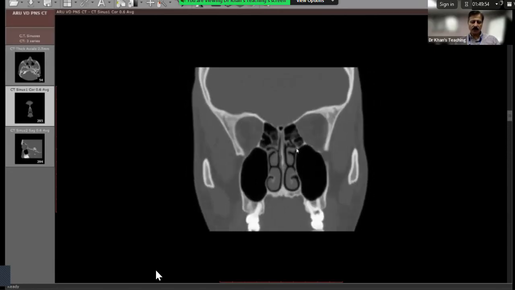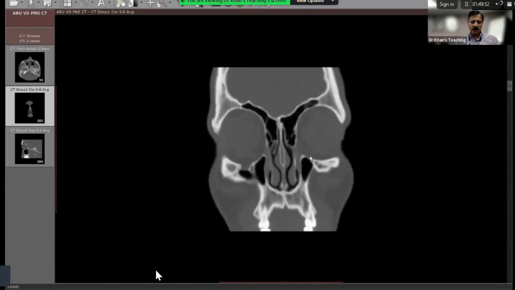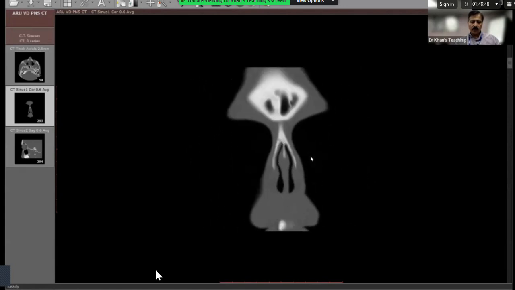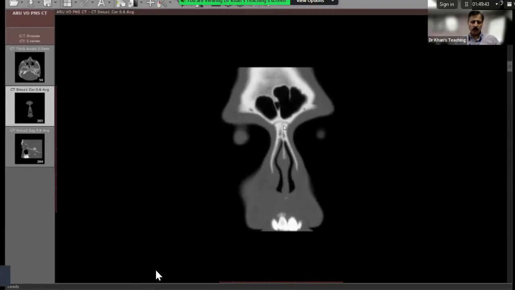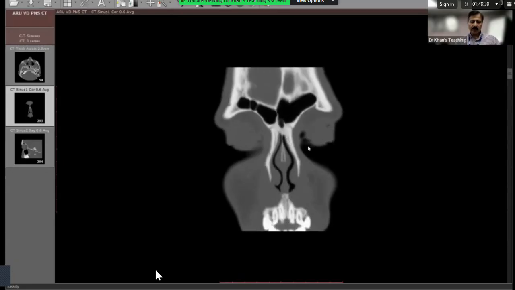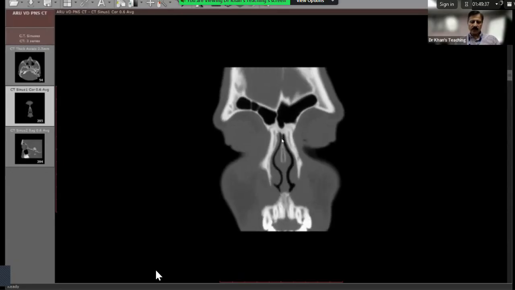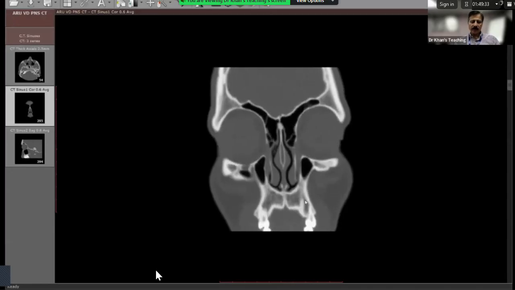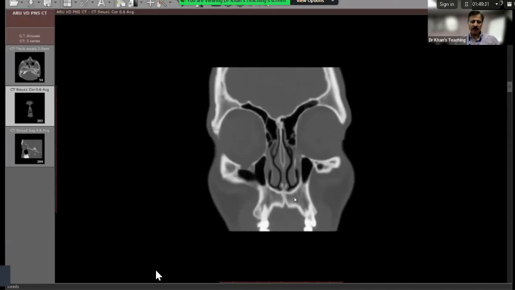Now, forget about the facial bones and let's concentrate on the paranasal sinuses. So we have gone anteriorly and we are coming from outside the body. So this has to be the nasal bone. And you can see that this is the nasal septum. Now, here is the alveolar ridge of the maxilla.